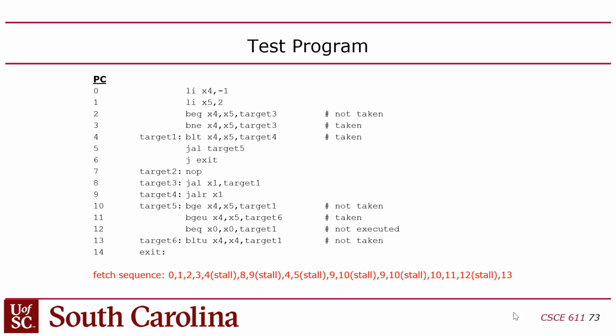I would have linked 9 in register X1. So later, when I jump and link register to X1, instruction 9 executes, instruction 10 executes, but it's a stall, and then I go back to 9 again, right? Because 9 was in register X1.